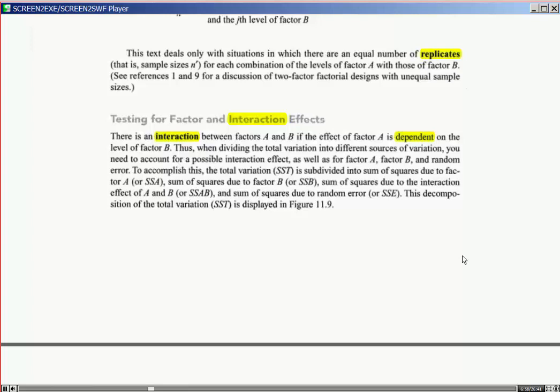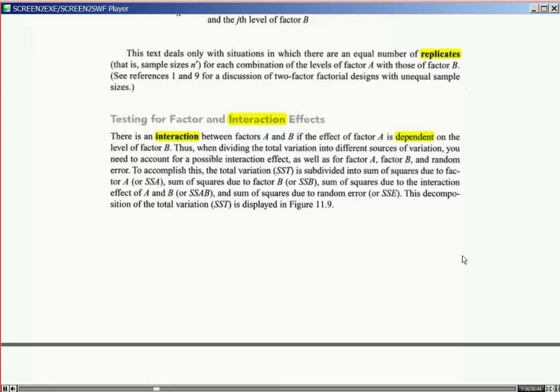That's how the two levels of the second factor, which is the brand of the loom, affect the value of the first factor, which is the supplier of the fibers.